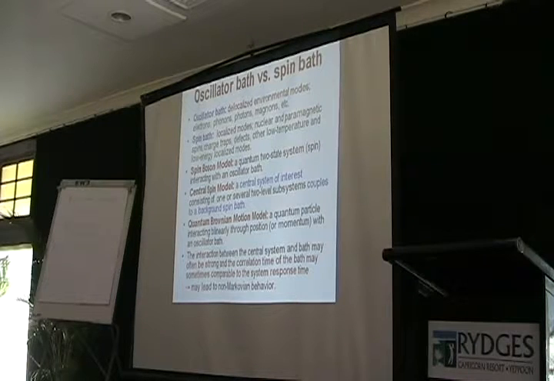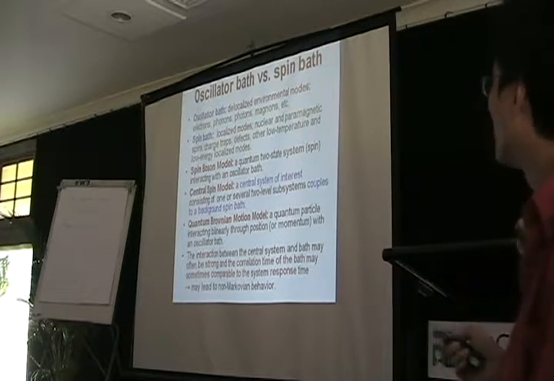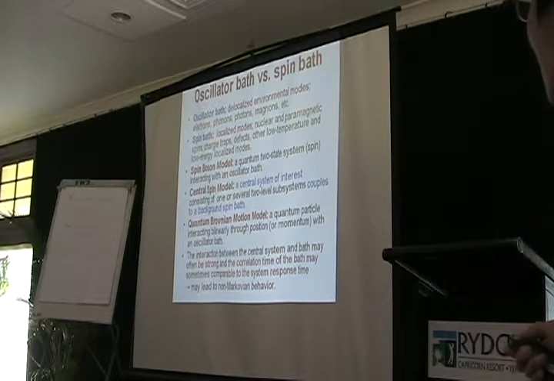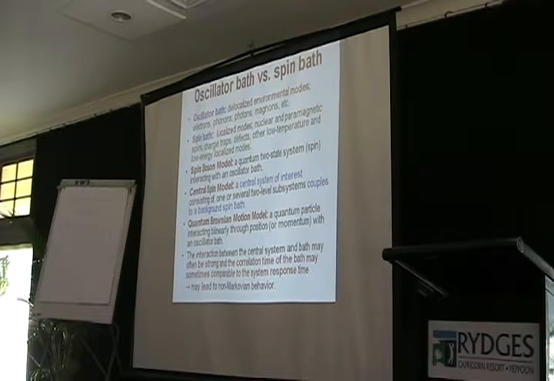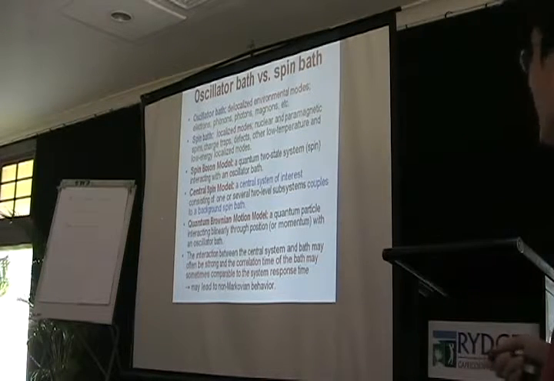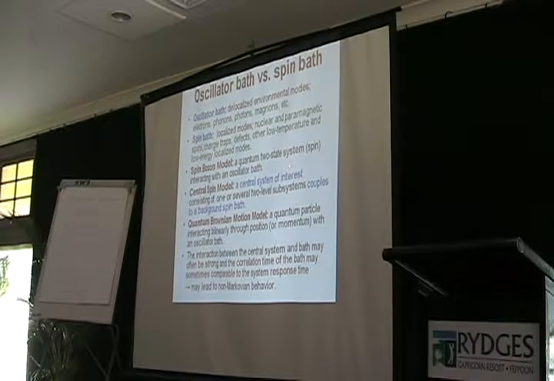Also now we have, rather than the oscillator bath, the free electron bath. Although it's in this category, the electron is a fermion and the photon is a boson. They have different statistics.